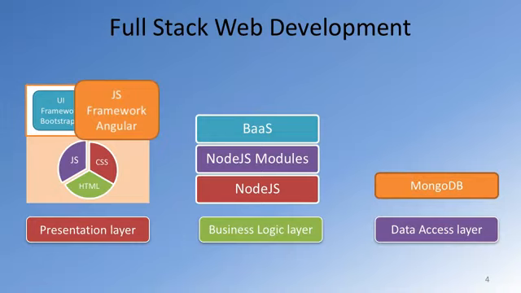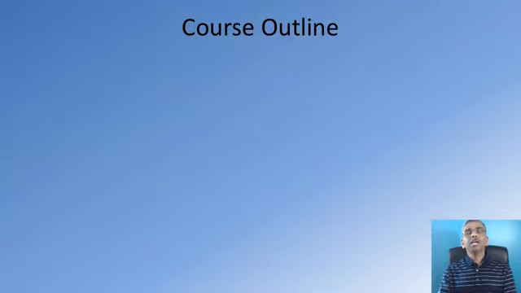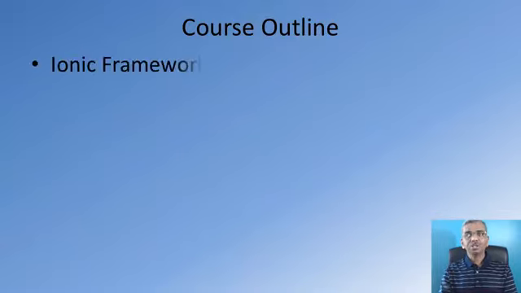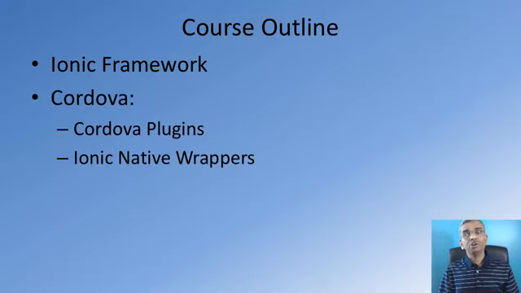To give you a quick overview of the course, this course, as I mentioned, concentrates on the Ionic framework. As you would understand in this course, the Ionic framework is based upon Angular, and hence knowledge of Angular is essential to understand how an Ionic application is developed. Also, to package our Ionic application for deployment onto mobile platforms, we will make use of Cordova.